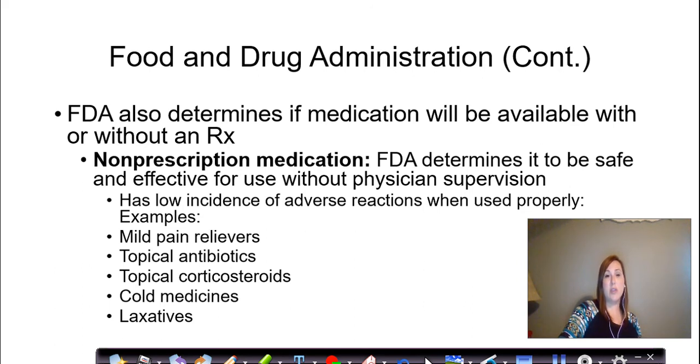So mild pain relievers like Tylenol or Advil, topical antibiotics like bacitracin or triple antibiotic, Neosporin, topical corticosteroids, an example of that might be hydrocortisone cream, cold medicines like some type of decongestant, and then laxatives like Imodium. Again, they have to prove that it's safe for use.